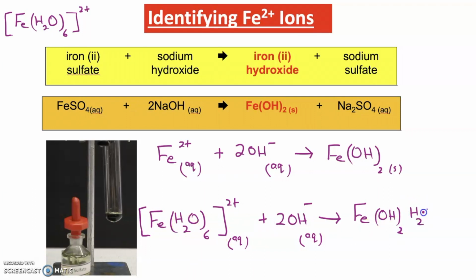Now it needs to be (H2O)4 because we still need a coordination number of 6, and this doesn't change in the reaction. When we form Fe(OH)2(H2O)4, we've kicked out 2 water molecules because it was (H2O)6, and that's my other product. Now as the precipitate is an insoluble solid, it has the state symbol s, and water is a liquid, so it has the state symbol l.